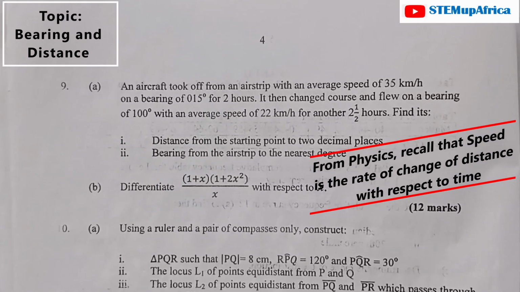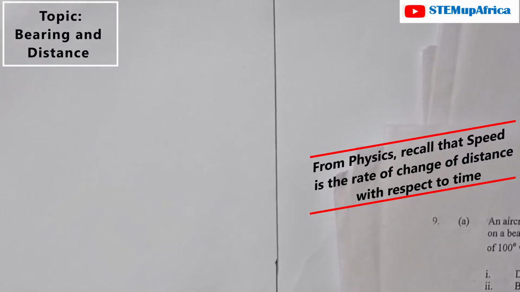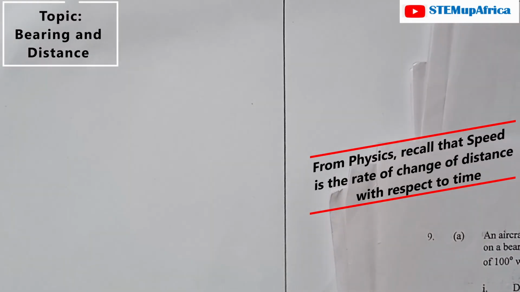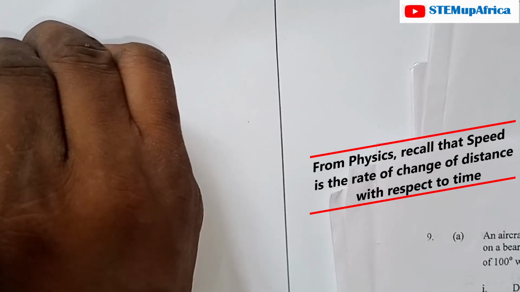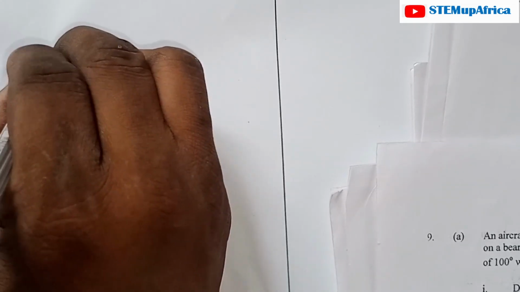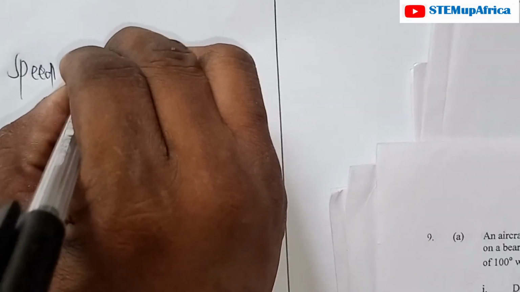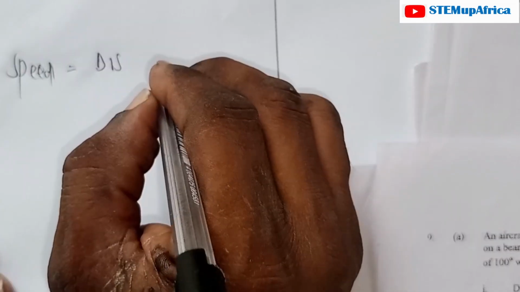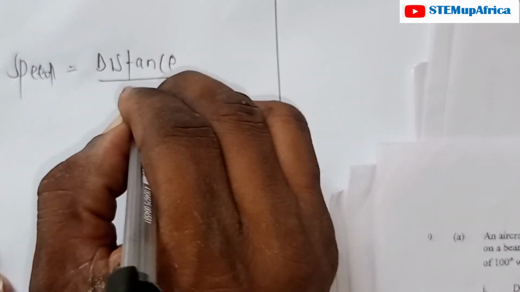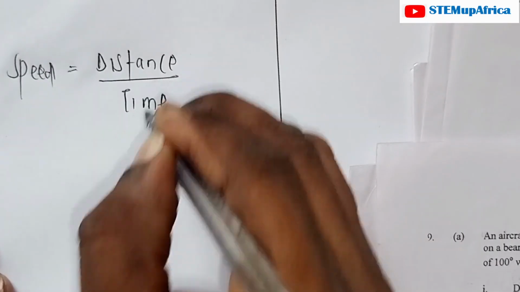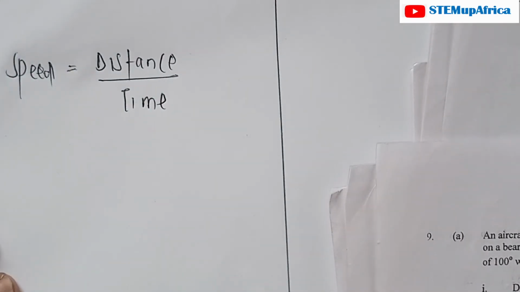So with that definition, we can conclude that speed is simply distance over time. That's the definition of speed.